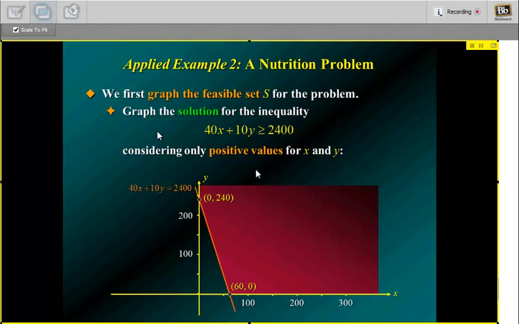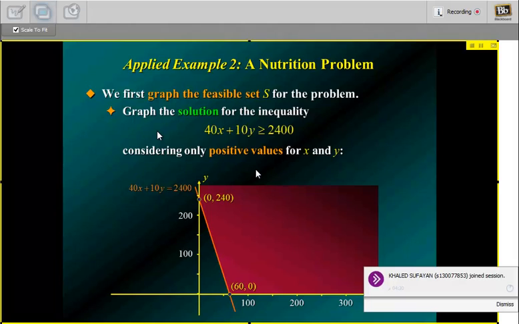So here we observe that there is a feasible region. If we put x equals 0, y equals 0 here, this statement is false.